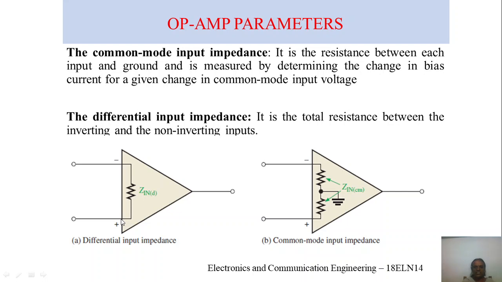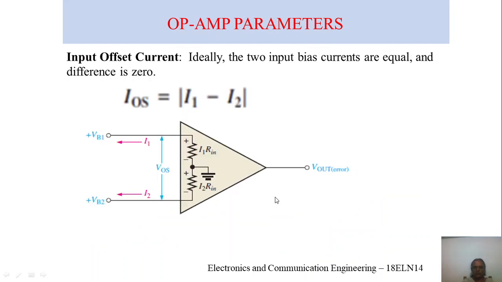So the total resistance between the inverting and non-inverting input is called the differential input impedance. The common mode input impedance and the differential mode input impedance are clearly given in the figure here, and it is self-explanatory also. Next, another important parameter is input offset voltage.